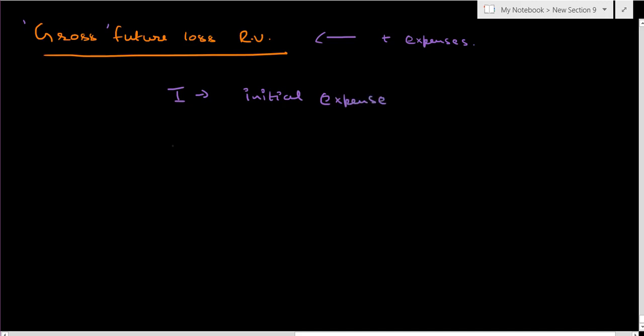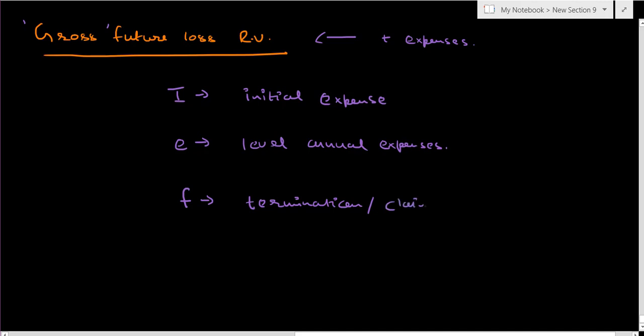E is the level annual expense that is payable at the beginning of every year, along with every annual premium. And lastly there is F, the termination expense, which is usually called the claim expense.